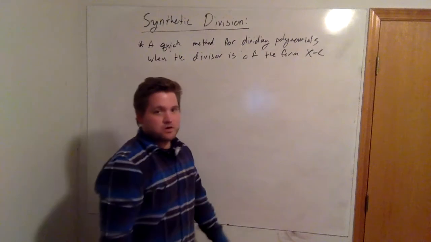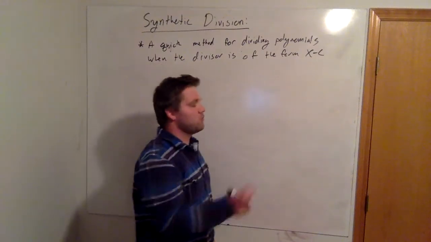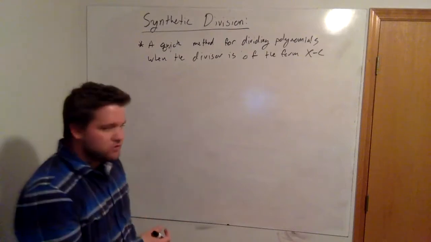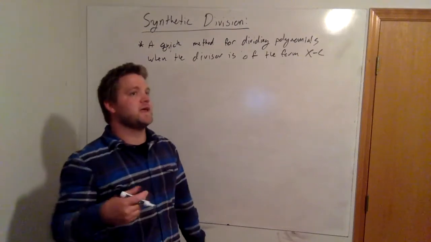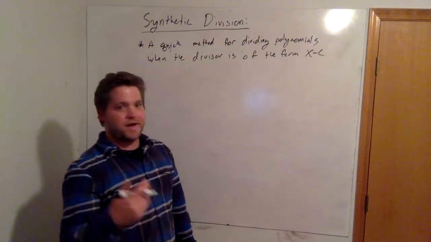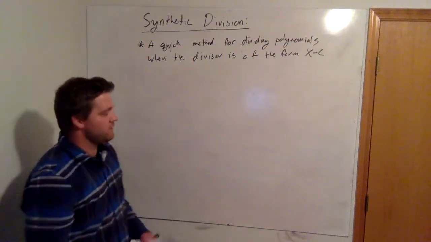So it only works if I'm dividing something by the form x minus c. Now c could be positive or negative. So it could be if I'm dividing something by like x plus 2, x minus 5, x plus 10, x minus 150, something of that form.